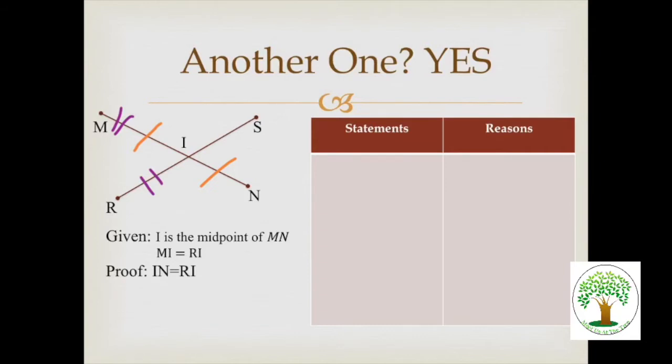We know that these are equal. So we know the purples are equal, the oranges are equal, and we're going to try to get these lone purple and orange ones together, okay? Can anybody think of a property that says that if these are equal and these are equal, then their cousins have to be equal?